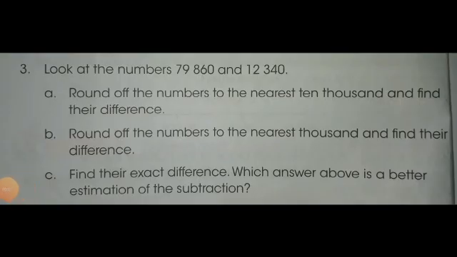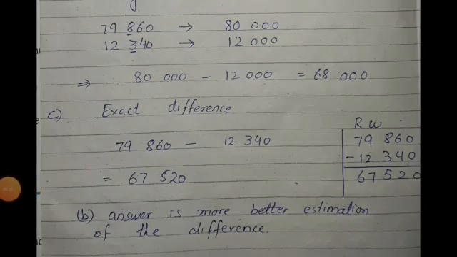Find their exact difference. It means no need to round off the numbers. Which answer above is a better estimation of the subtraction? We will find the exact difference by subtracting these two numbers without rounding off. As you can see, I found the difference in rough work and the answer is 67,520.